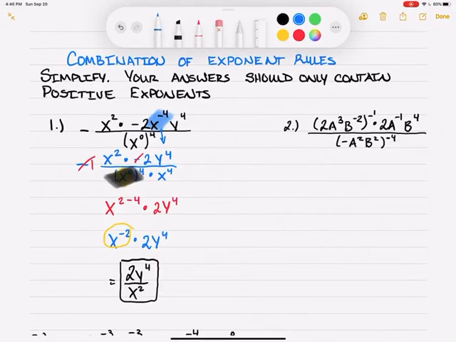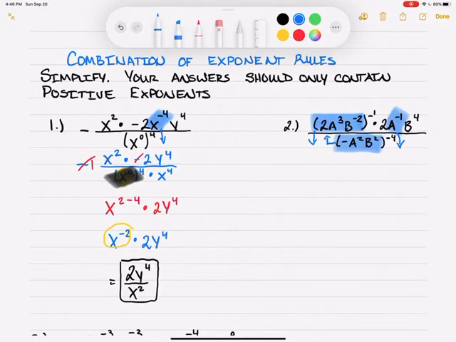In this next example, example 2, I have this entire parenthesis to the negative 1 power, so I'm going to move it down. The negative 1 power will become positive. I'm also going to move this set of parentheses raised to the negative 4 power up so that it becomes positive. The last thing I'm going to move is this a to the negative first down again so that it becomes positive.